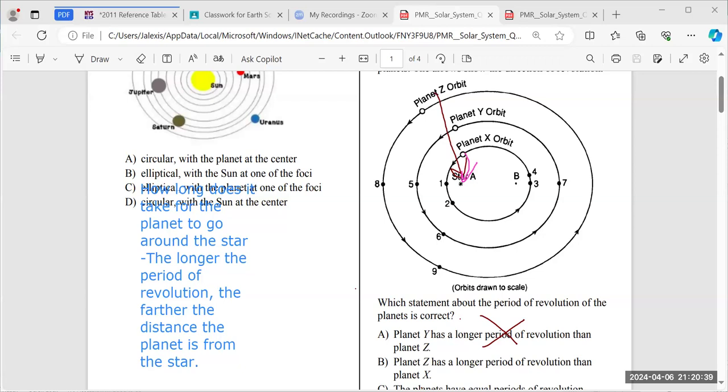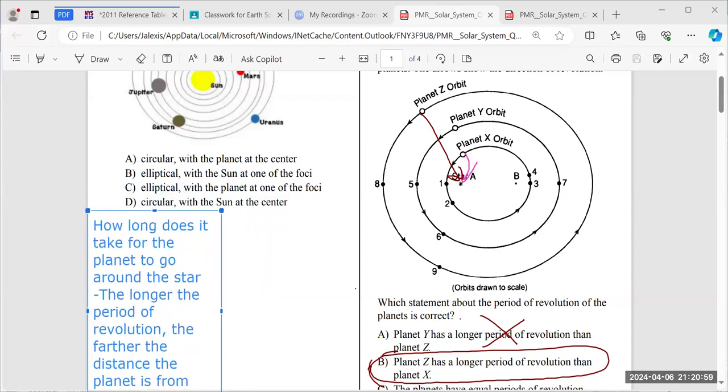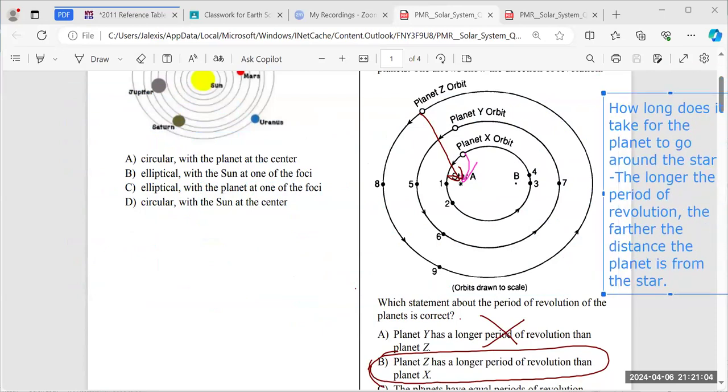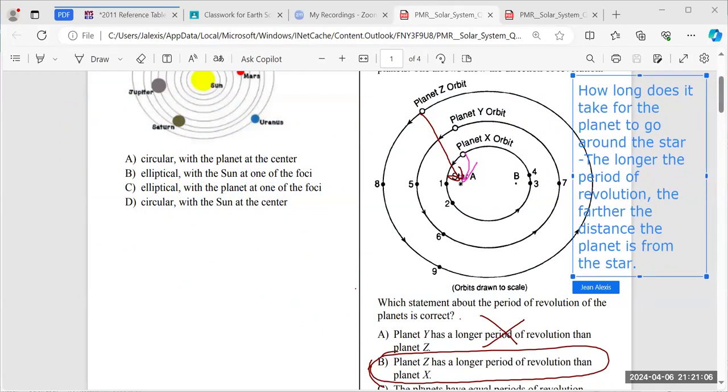Planet Z is definitely farther from the star than planet X. So that means it does have a longer period of revolution than planet X, based on the rule we just stated: the longer the period of revolution, the farther the distance the planet is from that star. So B is the correct answer.